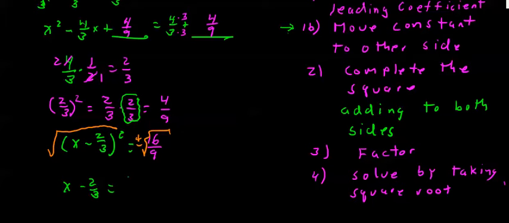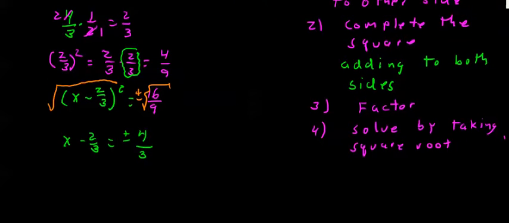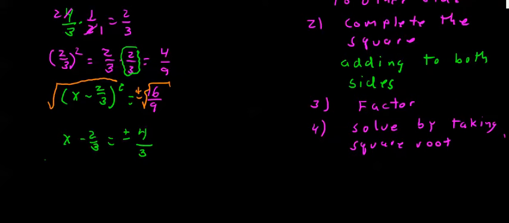And on the right-hand side, plus or minus, we take the square root of the top, 4, and the square root of the bottom, 3. We haven't done square roots with fractions, but they'll just be that simple. And then we add 2/3 to both sides, and we have x equals 2/3 plus or minus 4/3.